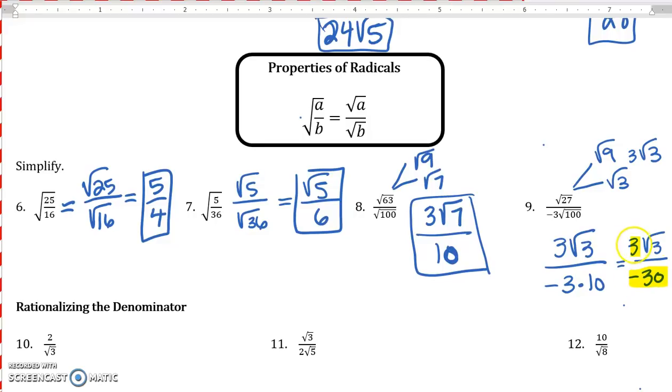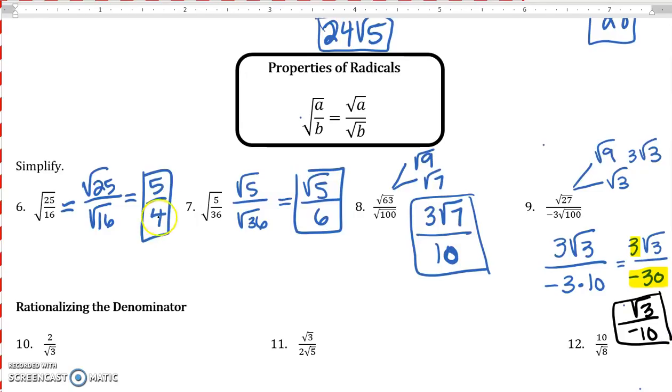I have 3 and negative 30. So 3 over negative 30 simplifies to 1 over negative 10. So your final answer would be 1 root 3 or just root 3 over negative 10. You could also put the negative sign out front. One of those situations will work.